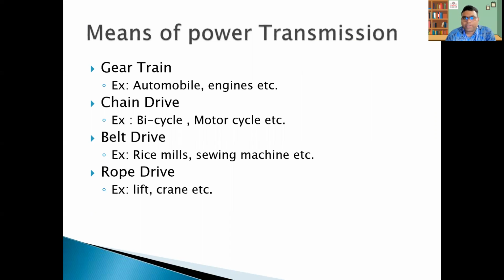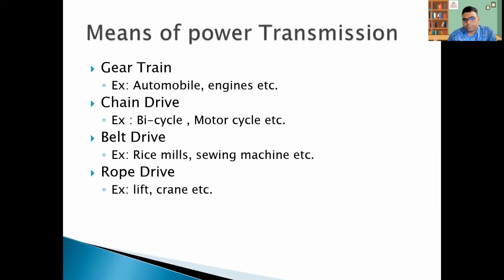Gear trains have been widely used in automobiles and different engines. Chain drive is used in a bicycle, motorcycle. Belt drive is used in the rice mill, sewing machine, oil mill, and flour mill.